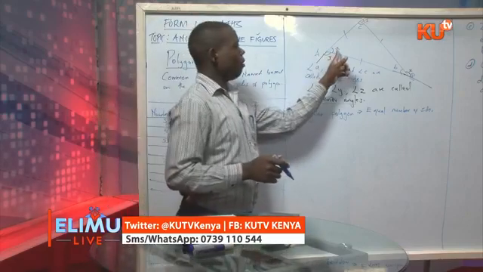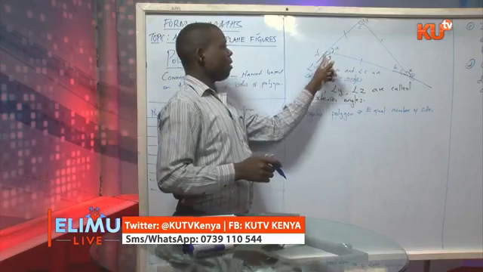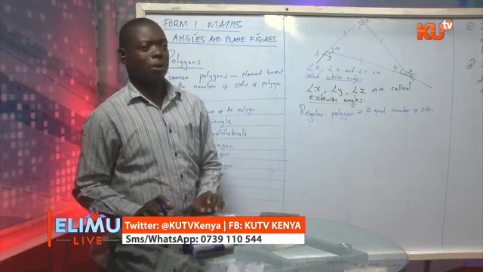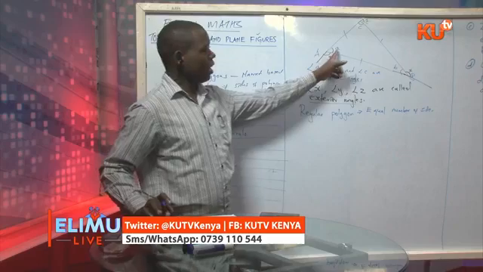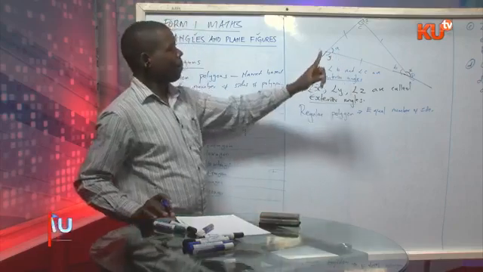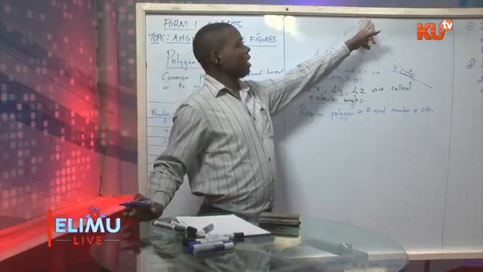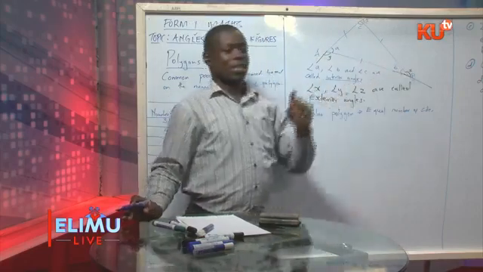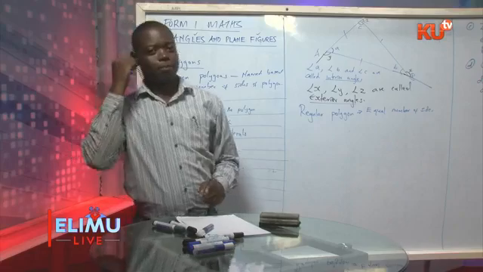If we look at angle A and angle Y, what can we say about them? Angle C against angle Z, angle B and angle X. What can we say about them?